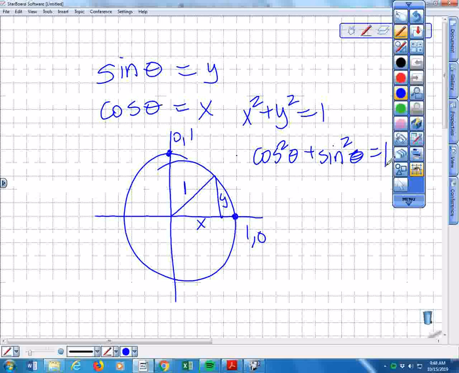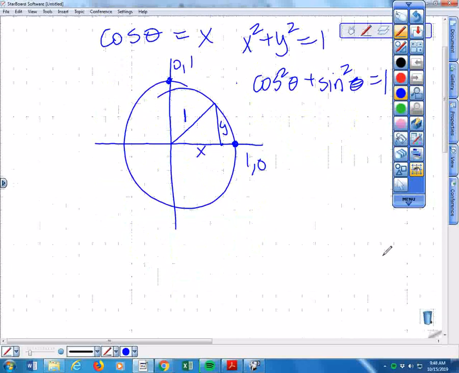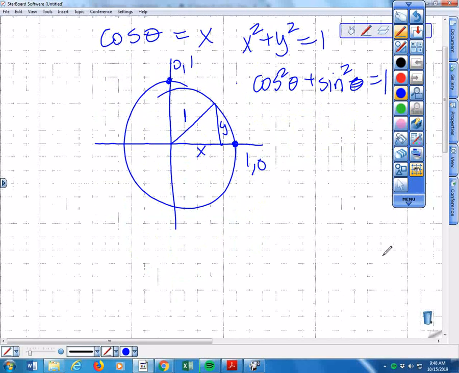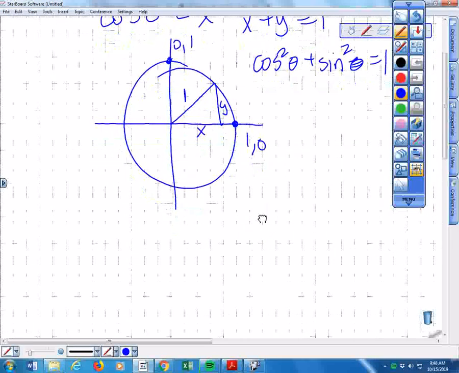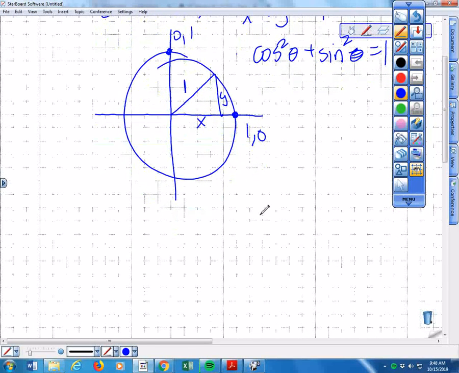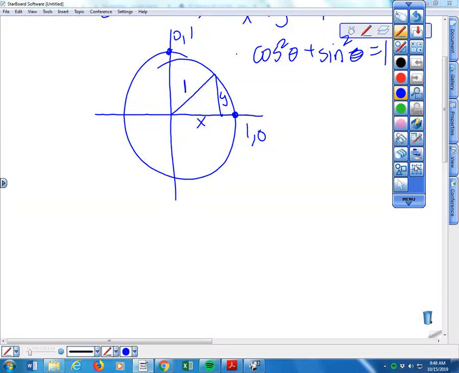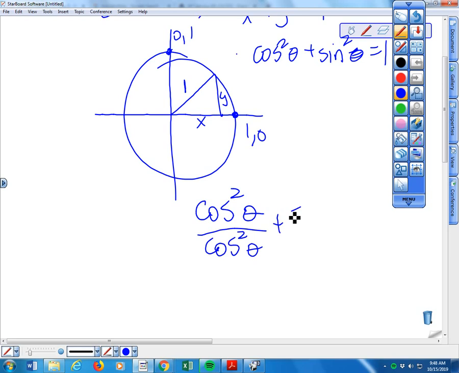Now I can do one of two things. I'm going to divide both sides by cosine squared, just dividing by the same thing all the way across.